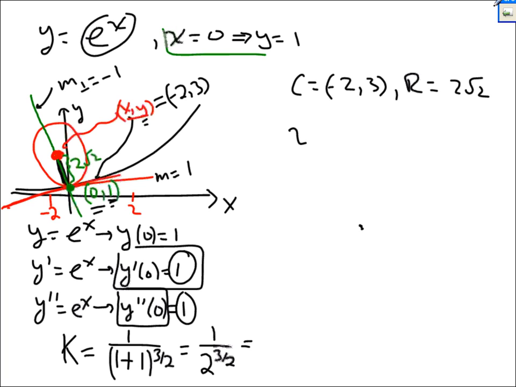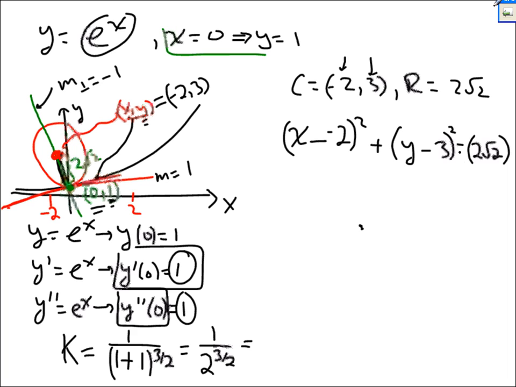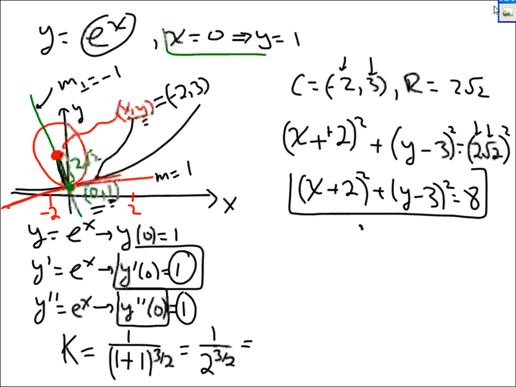So the equation is going to be x minus the x value of the center, negative 2, squared, plus y minus the y value of the center squared, and that's going to equal 2 square root of 2 squared, r squared. I'll clean it up. This just becomes (x + 2) squared plus (y - 3) squared. 2 squared is 4, square root of 2 squared is 2, and 4 times 2 is 8. There is your equation.